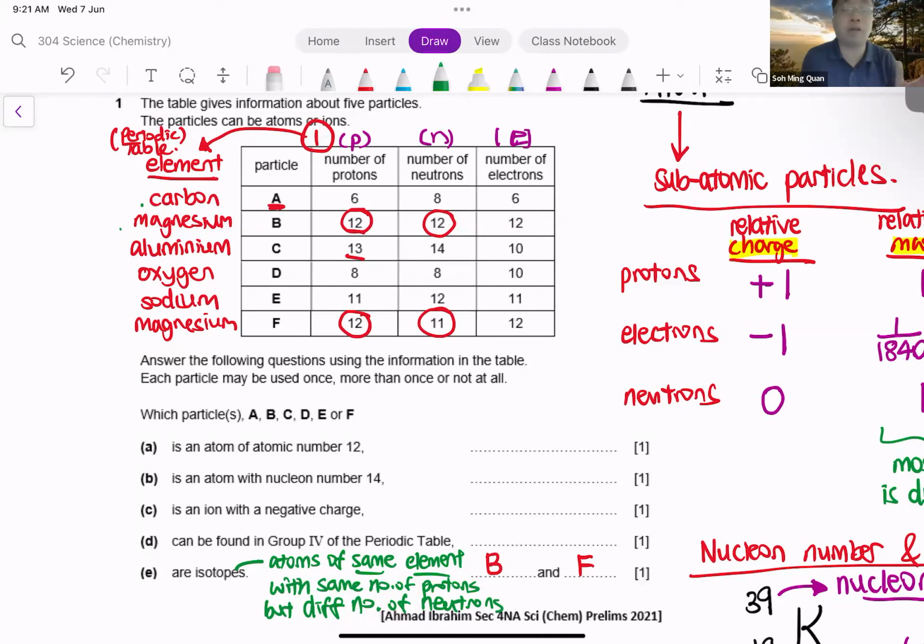You just go to the periodic table, search group 4, which one? The answer will be carbon. Carbon is in group 4. Therefore, particle A. Particle A is carbon. Therefore, it's from group 4. So this is how you can get most of the marks, just on the basis of understanding what element it is.